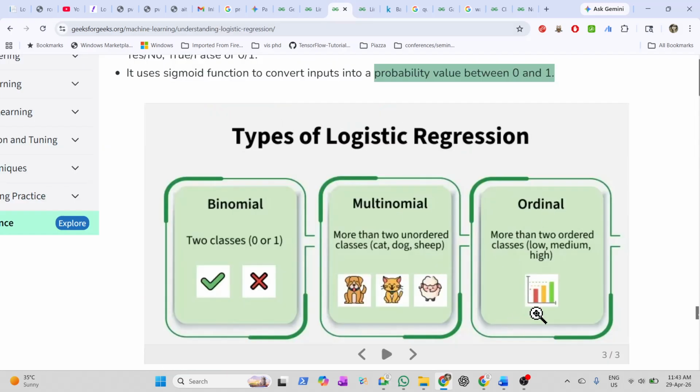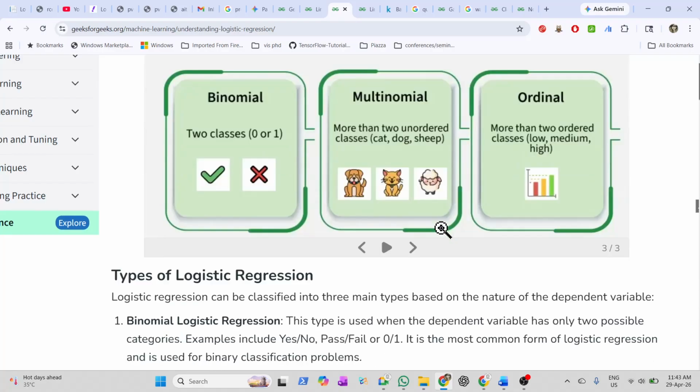In ordinal data you have red color, yellow color, green color, some kind of levels and orders. Rank means green has a higher rank than yellow, which has a higher rank than red.